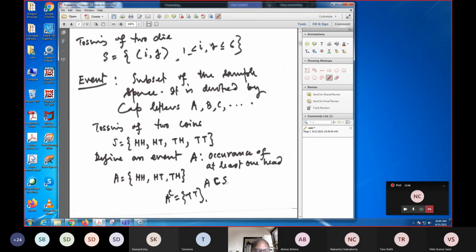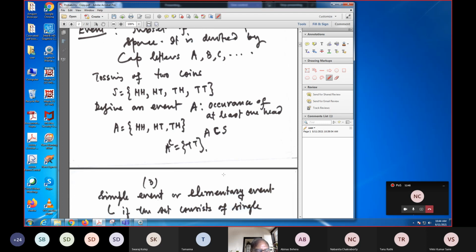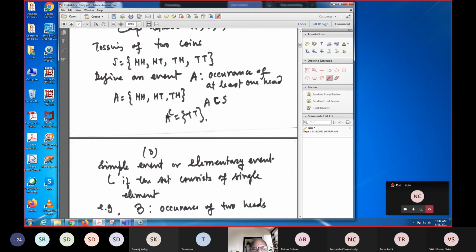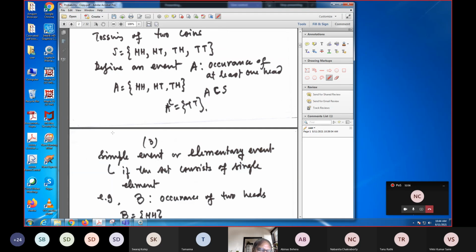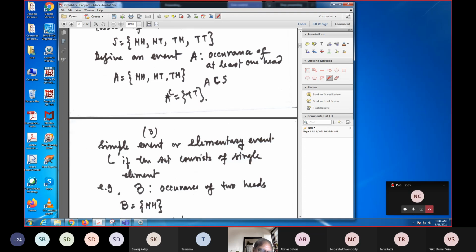Okay. Now, sometimes we use the word simple event and elementary event. Simple event or elementary event, they are the same word. So if a set consists of a single element, then we call it a simple event or elementary event.